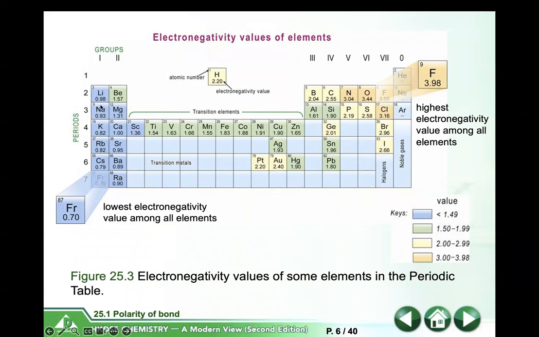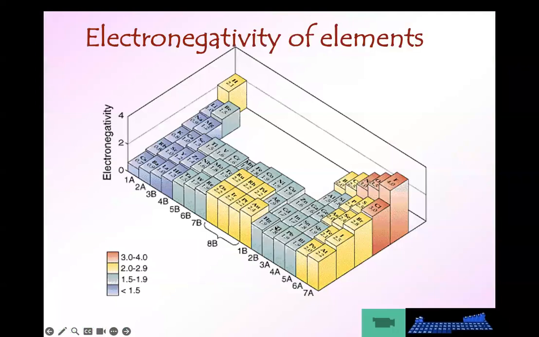You don't need to remember the specific value of H being 2.20, although it may be good for you to remember some of them. It is not a must to remember those values. But the electronegativity values show us what? The ability or the power of that atom to attract electrons, especially the bonding electrons.